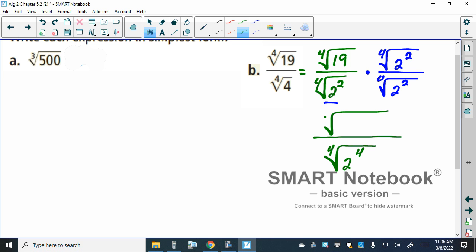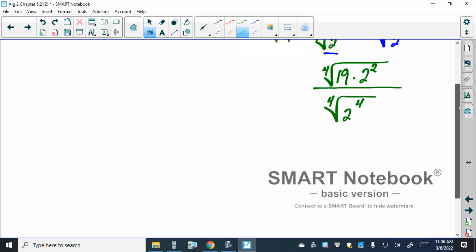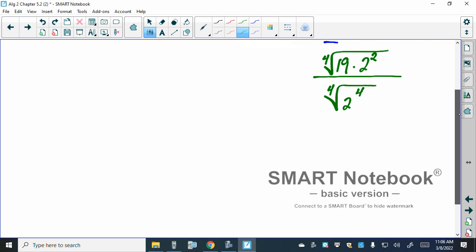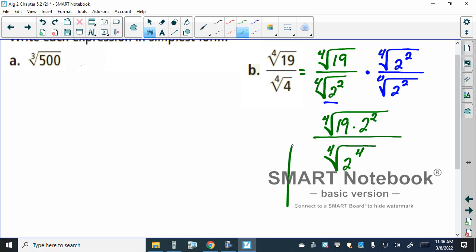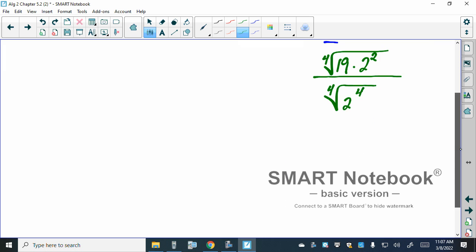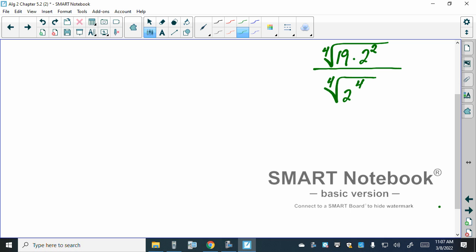Now the numerator is going to be the fourth root of 19 times 2 squared. Well, we know the fourth root of 2 to the fourth is just going to be 2.